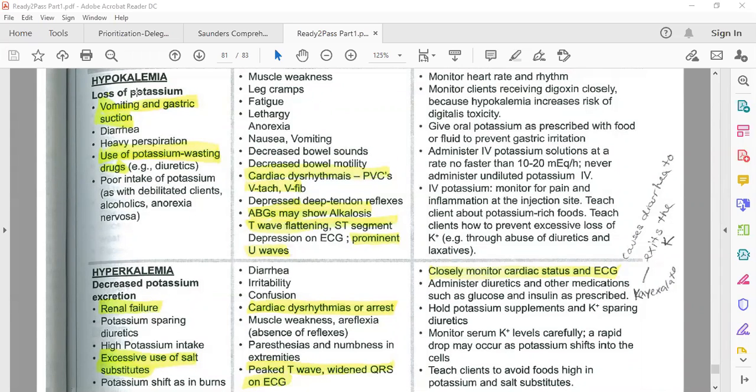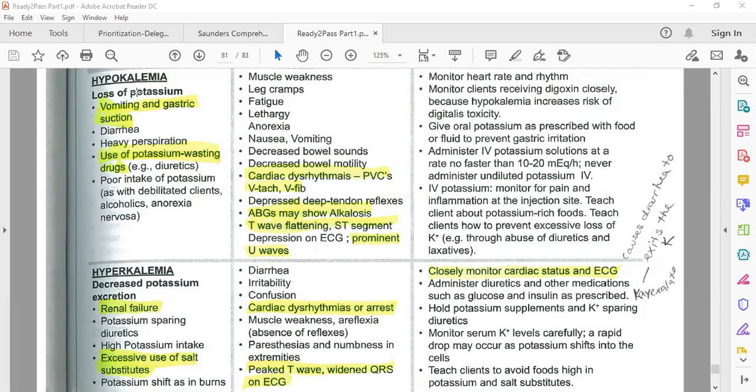The normal sources of potassium are foods like banana, potato, tomato, orange, cantaloupe, avocado, or dark green vegetables. Very important.